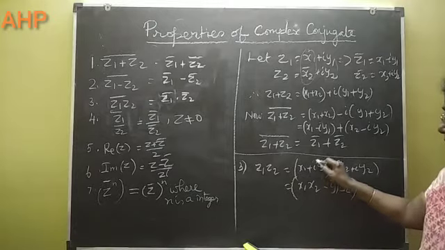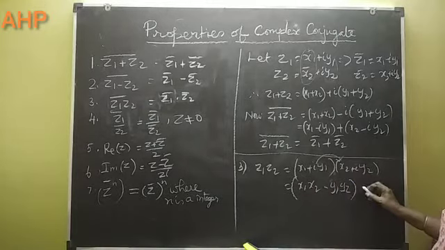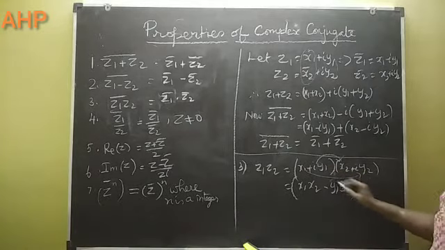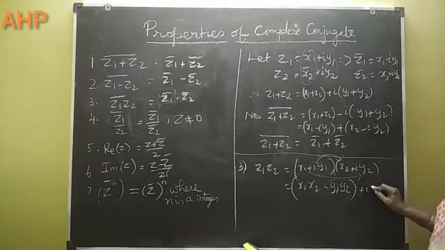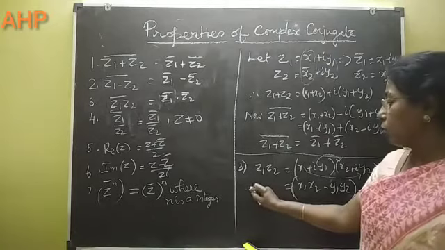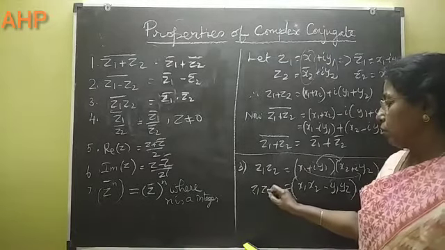Then multiplying with i, this into this and this into this, so i into x1 y2 plus x2 y1.